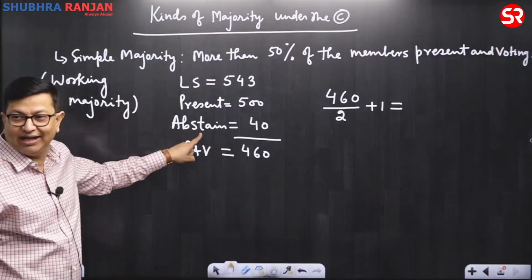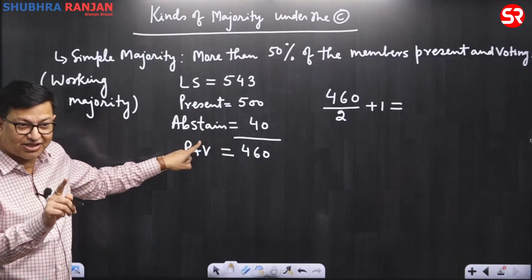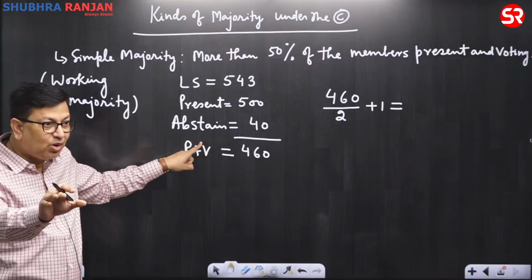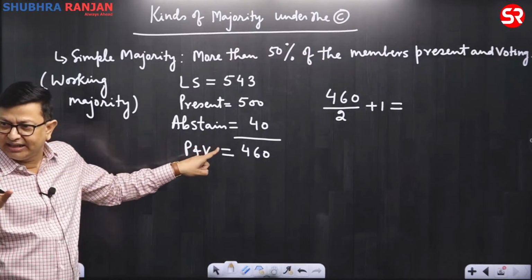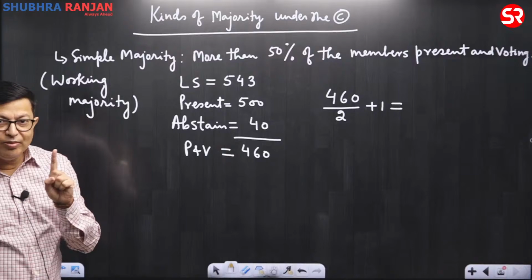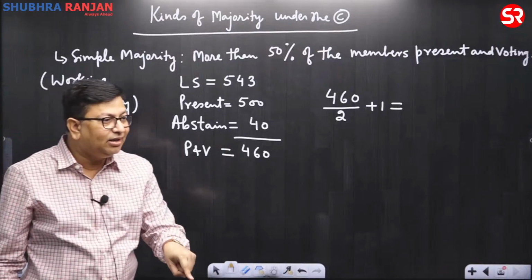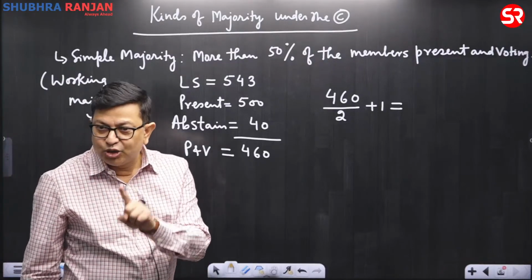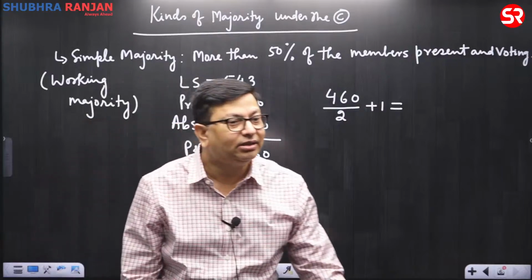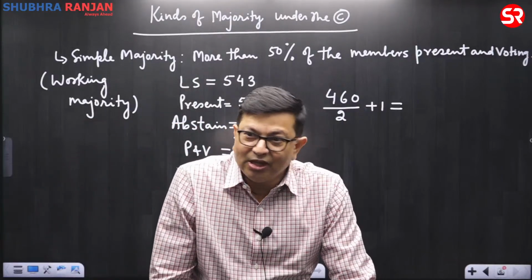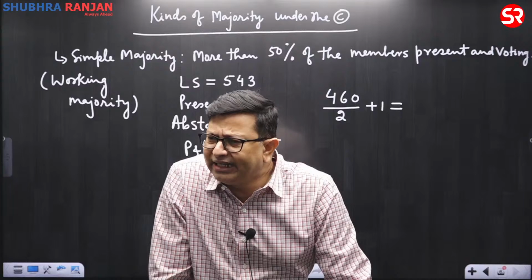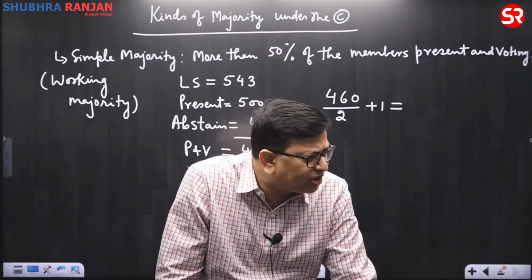You abstain. Clear? This is the meaning of abstention. You are present in the house, but you have not taken part in the voting. So, how many of you are present as well as voting? 20. So, what will be the simple majority here? 11. So, this is the easiest majority required under the Constitution of India.